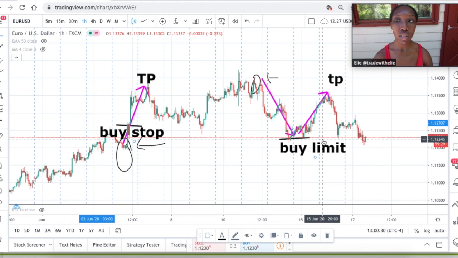So, if you're still confused about using a stop versus a limit order and when to use it, always position yourself for a stop order. Why? Simply because of this. If you're entering the market and you want it to go in a buy, you want to make sure the market is actually moving in a buy so that it's going towards your take profit and it's ready to actually make that movement.